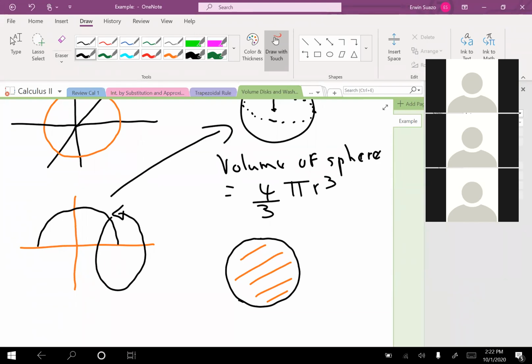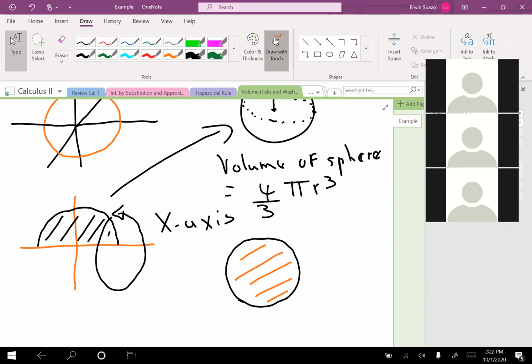So think you have a semicircle and you rotate around the x-axis. You'll obtain a sphere, yes or no? Yes. Yes, okay, thank you.